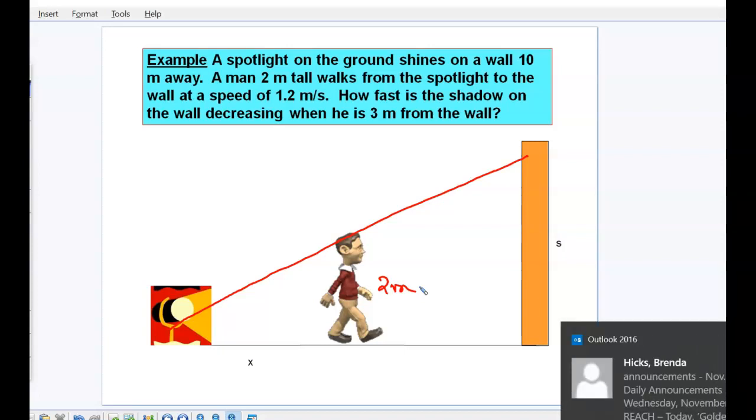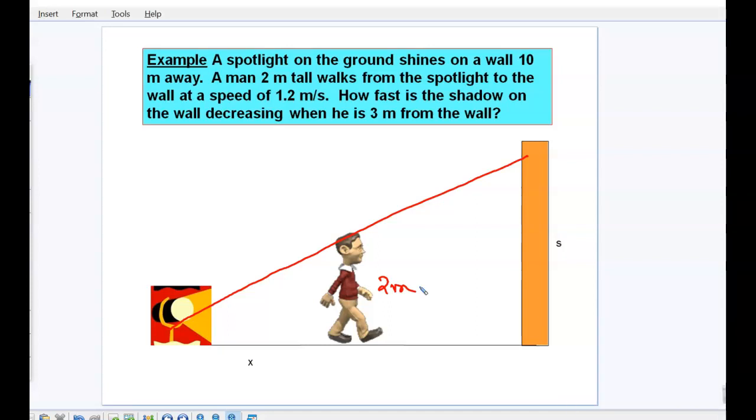1.2 meters per second. So I have the distance x between the man and the light, and he's walking towards the wall. So dx/dt is going to be 1.2 meters per second.